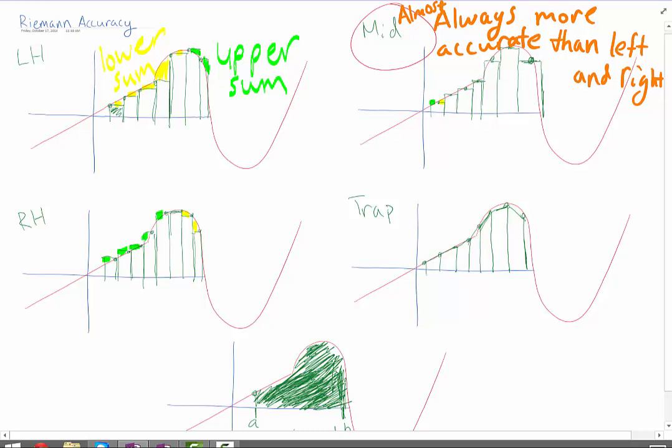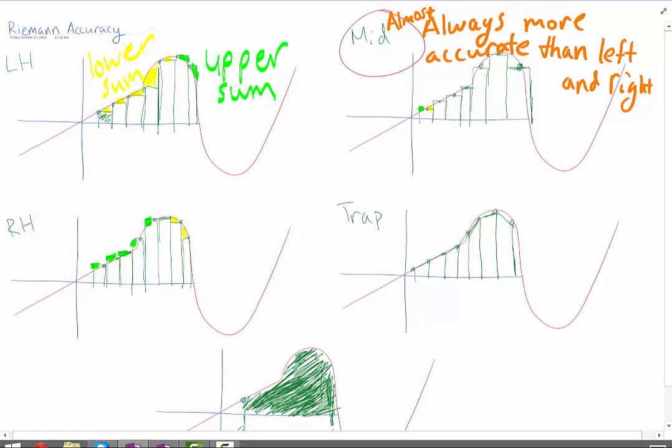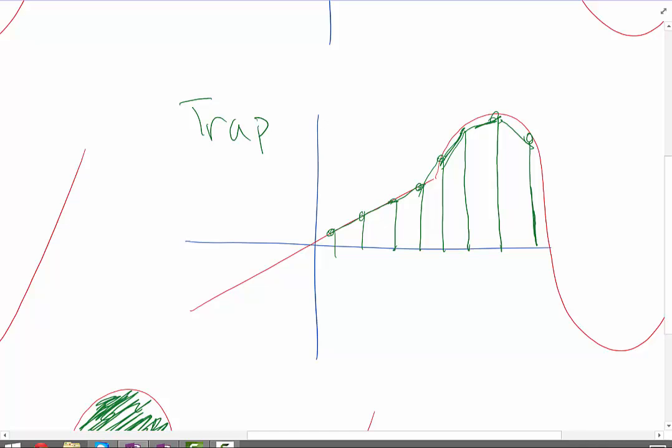And then trapezoid's the best, because what trapezoid does is it gets really close, especially for a linear line. If you notice, if we zoom in here, for the linear line, the 2 points and that straight line between them, it's already on the graph. So for a linear line, the trapezoid rule is actually exactly accurate.